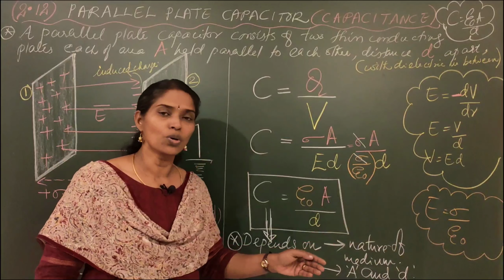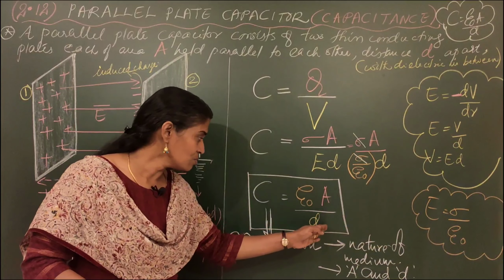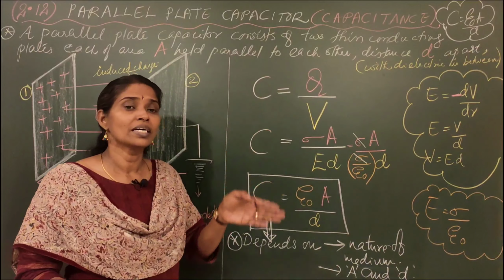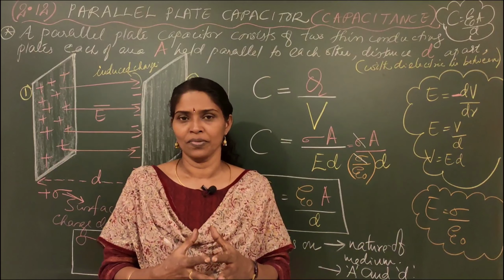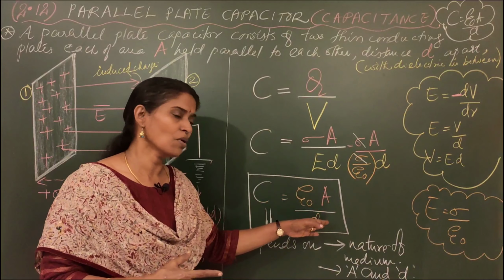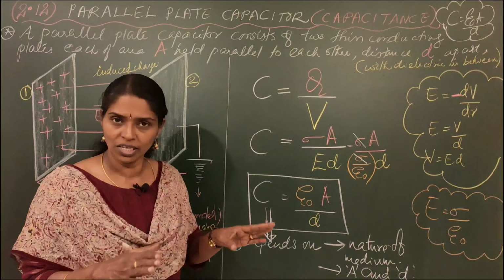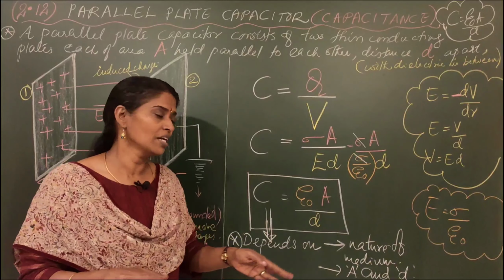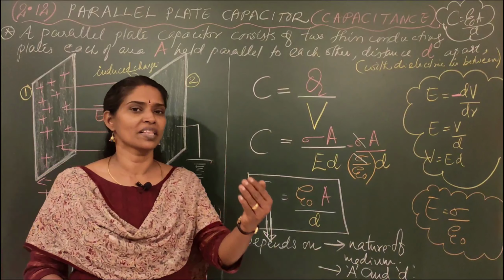This is why I told you the distance should be small. When d is reduced, capacitance increases, and the capacity to store charge also increases. So the required condition is A bigger, d smaller, and epsilon 0. If there is some medium, there is the term epsilon r, which is obviously greater than 1.